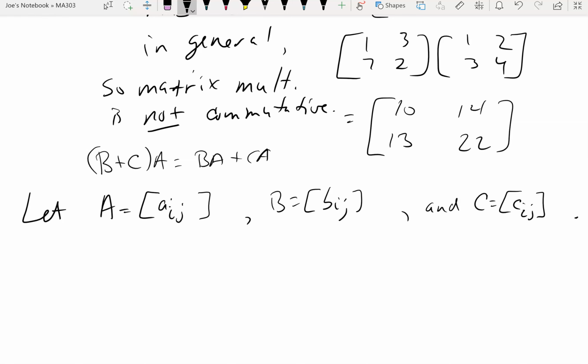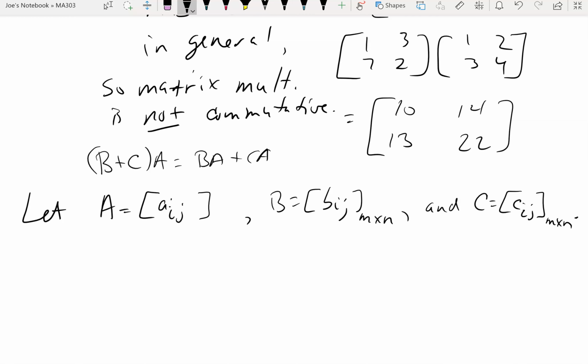All right. What do we need to do to make sure that we can even define this? I'll worry about the right-hand side in a second, but let's look at the left-hand side. In order to be able to do B plus C, what has to be true about B and C? They have to be the same size, right? So if I want to write down subscripts for B and C, I can do m by n for both of them.